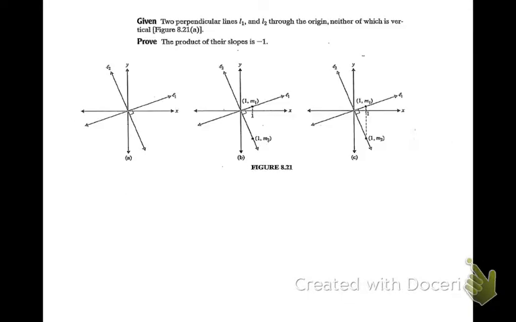Okay, given two perpendicular lines, L1 and L2, through the origin, neither of which is vertical, prove that the product of their slopes is negative 1. Okay, so how we're going to do this is we're going to put a point on line 1 that is 1 over and M1 up.